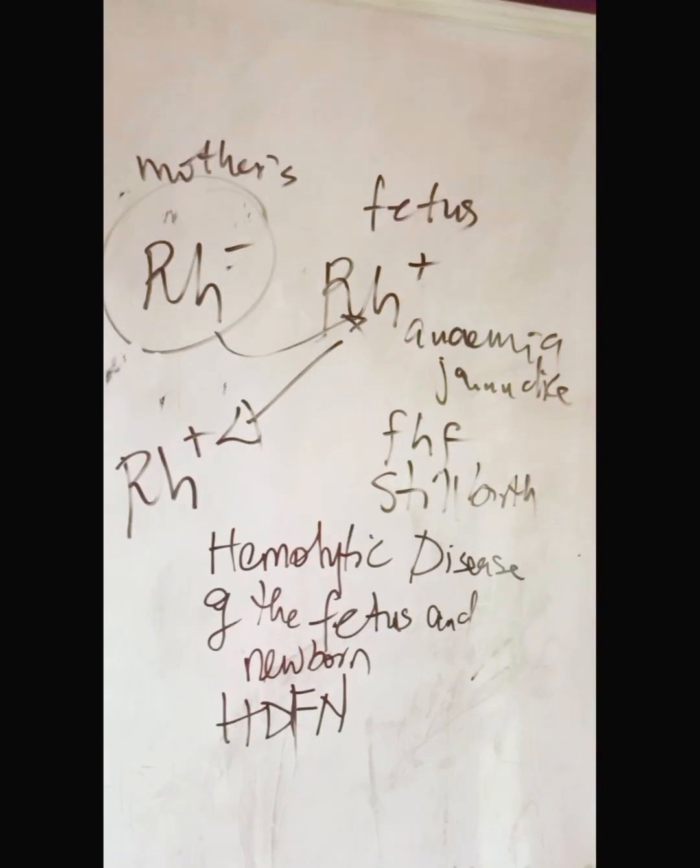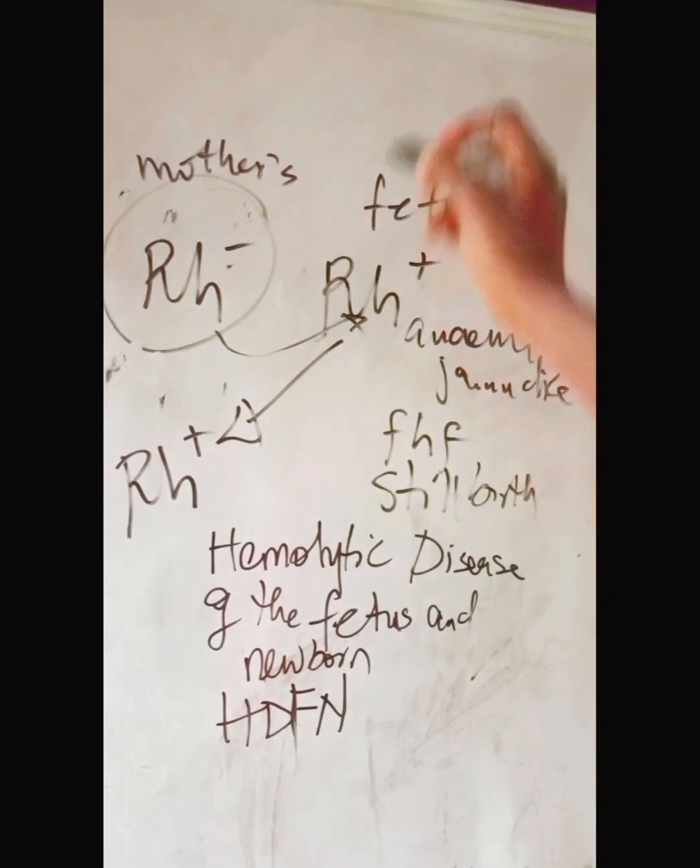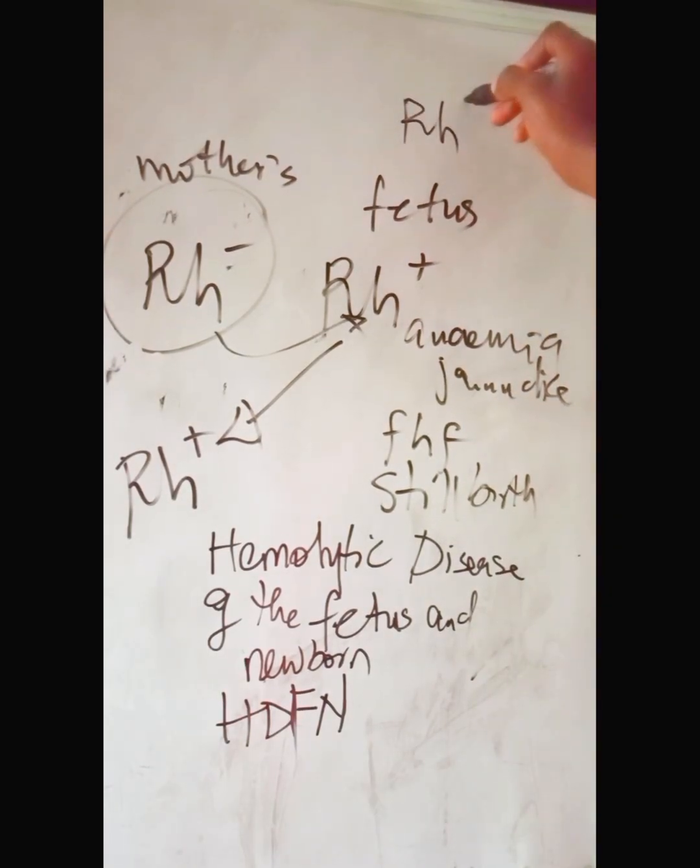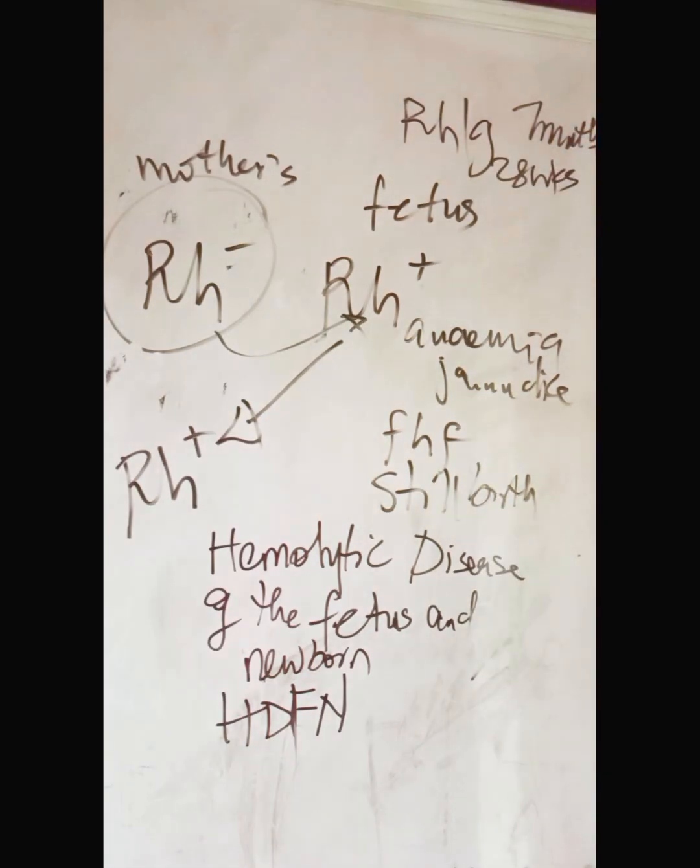But nowadays, we thank God for medical science, because we now have the Rhesus immune globulin injection, which will be given to the expectant mother at 7 months of pregnancy. That is when she is 28 weeks gone, during pregnancy, and within the first 3 months of delivery.